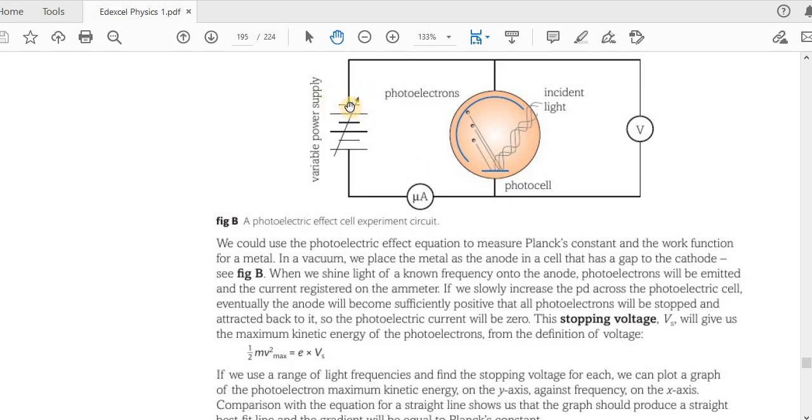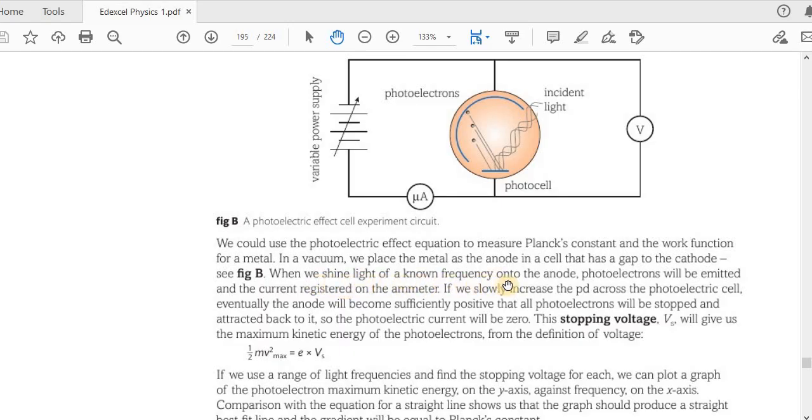So this is the negative terminal, this side is the cathode. I tell this because sometimes students confuse which is the cathode and which is the anode. They think that because the electrons are coming here, maybe this is the cathode, but that's not the case. Okay, so remember this, important.